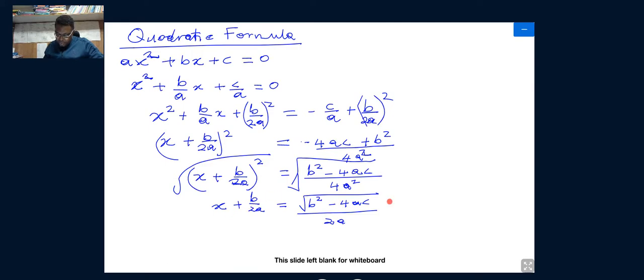And then we transpose this term. We end up with negative b plus or minus, I forgot to write this, the square root of b squared minus 4ac, all over 2a.